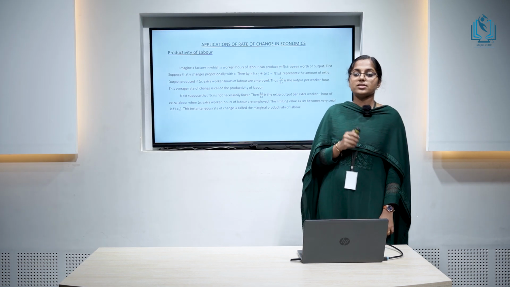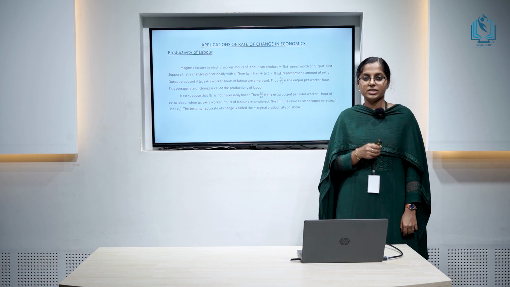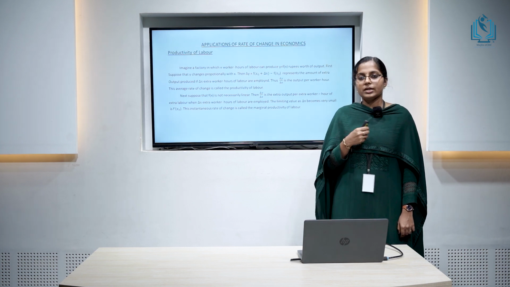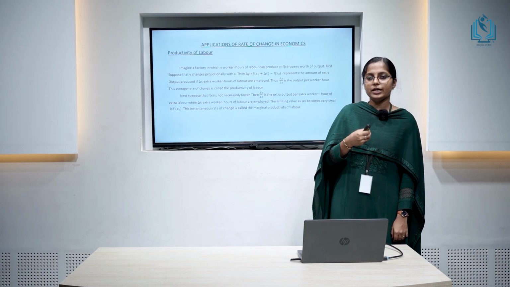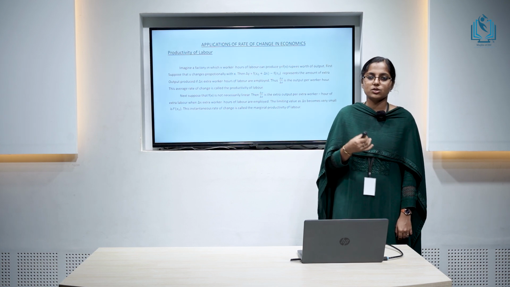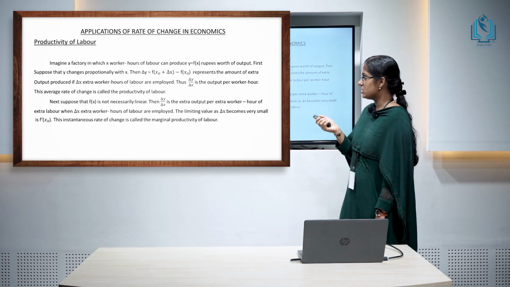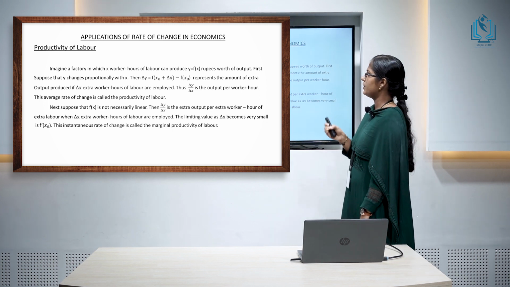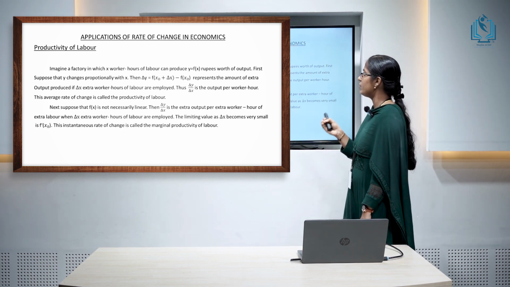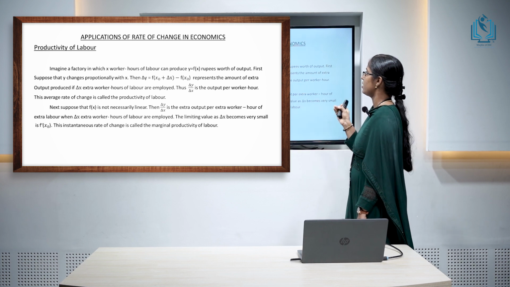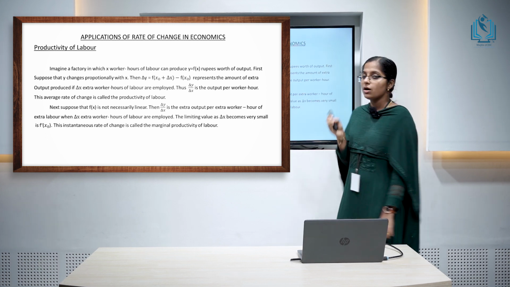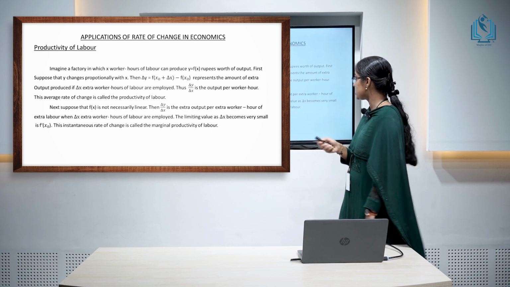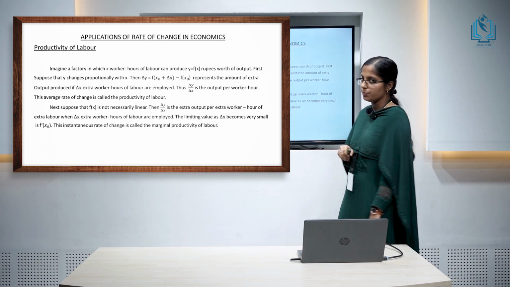Here, there are some applications of rate of change in the field of economics. In economics, there are mainly some applications of rate of change. The first application is productivity of labor. Here, first we imagine a factory in which x worker hours of labor can produce y is equal to f of x rupees worth of output.